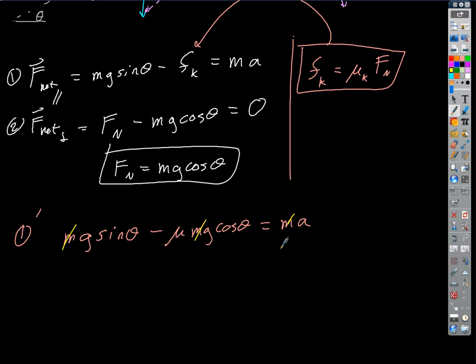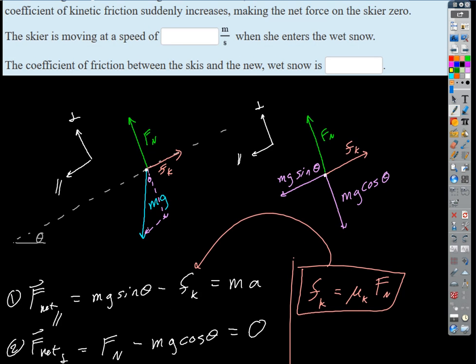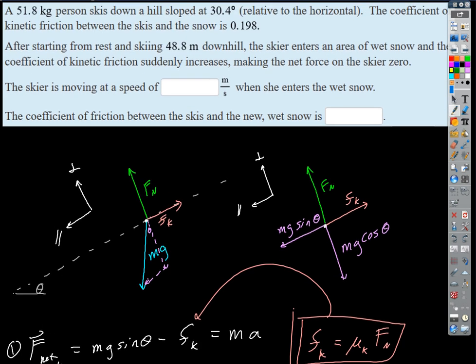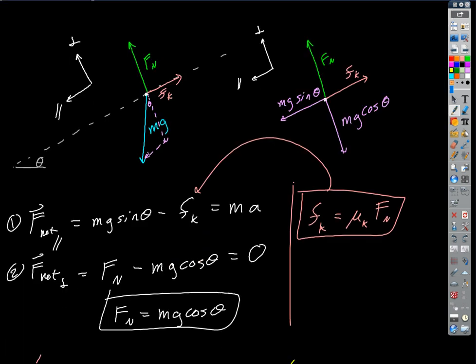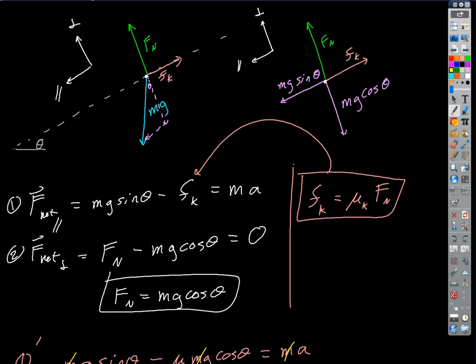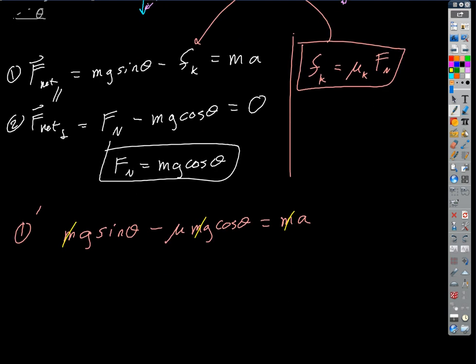And we've got a in terms of all stuff that we know, right? We know what theta is, 30.4. We know the coefficient of kinetic friction is 0.198. And we know g, and that's all we need. So we end up with a equals, I could factor a g out front, couldn't I?